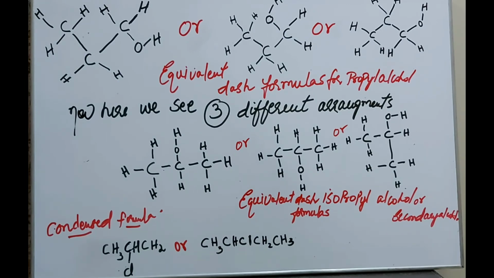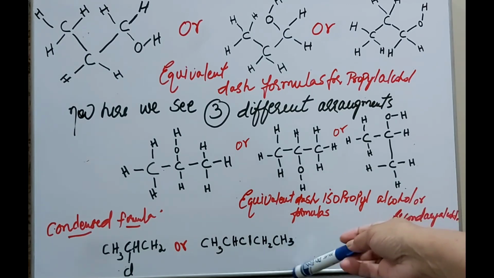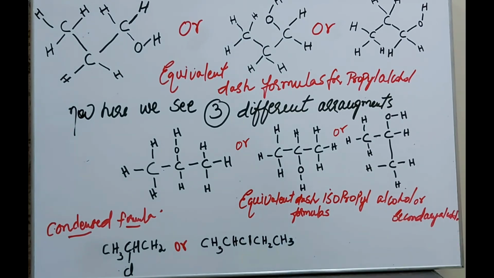Now let's discuss the condensed formulas, the third one. Condensed structural formulas are very easy to write compared to other forms like dash or dot ones. The word itself explains it: condense, to squeeze down, to make it more precise, more close.